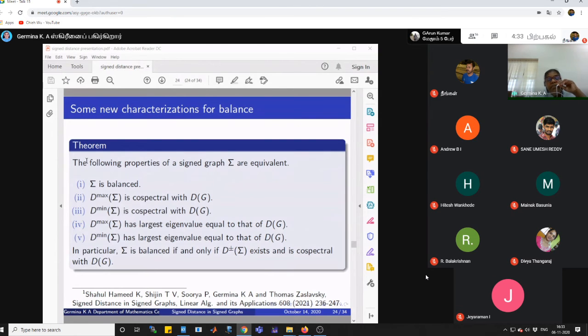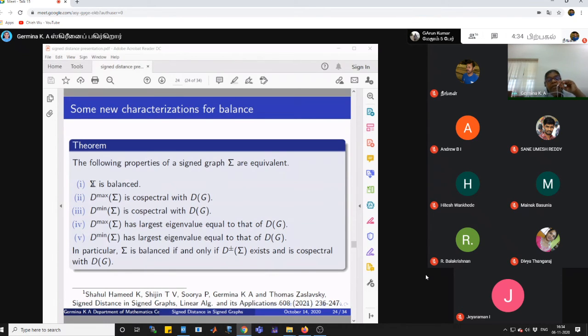Another interesting theorem in this paper is that the following properties of signed graph sigma are equivalent. As I told you, balance is a very important topic that we want to discuss. If sigma is balanced, you have seen it is cospectral with the underlying graph.